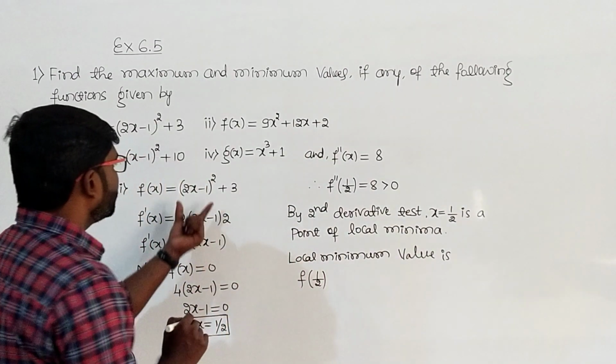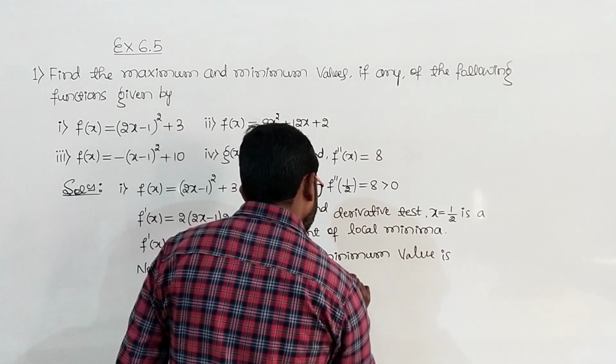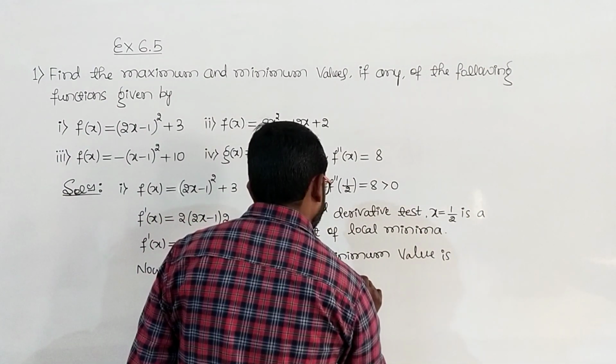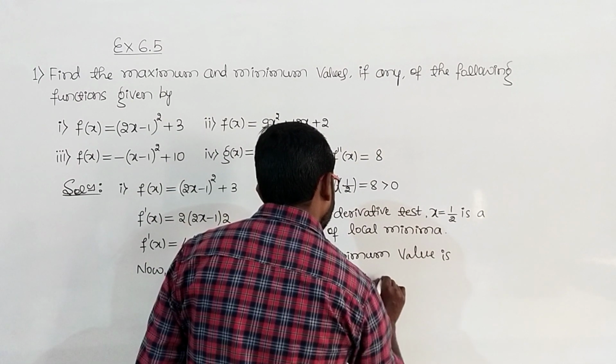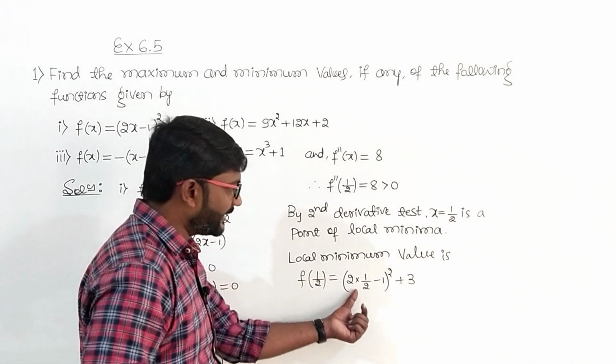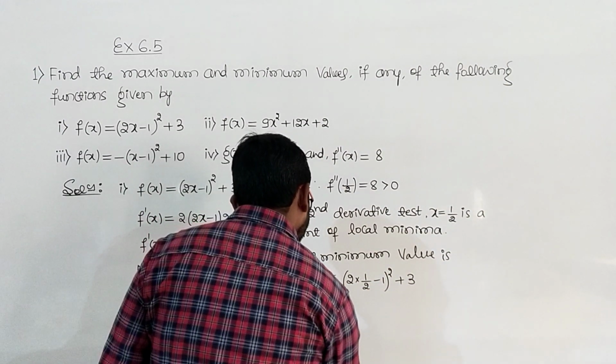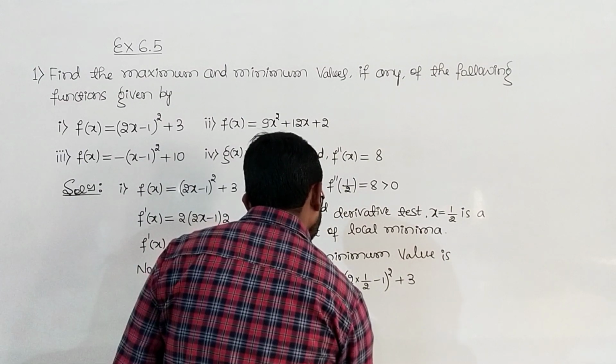So in the given function replace x by 1 by 2. So here which equals 2 into 1 by 2 minus 1 the whole square plus 3. So 2 gets cancelled, 1 minus 1 will be 0. So overall f of 1 by 2 will be 3.